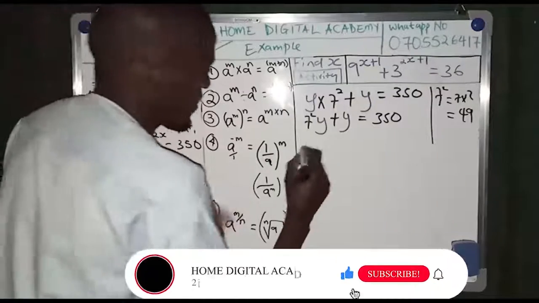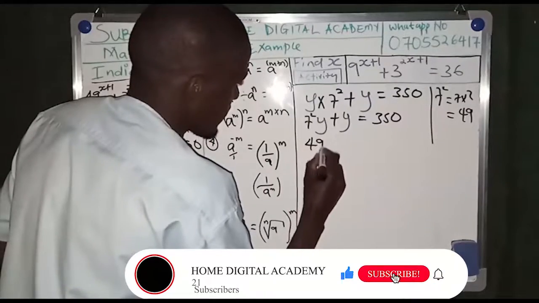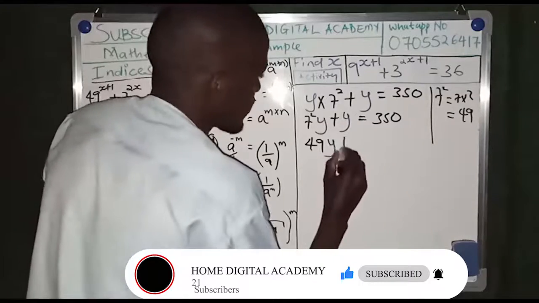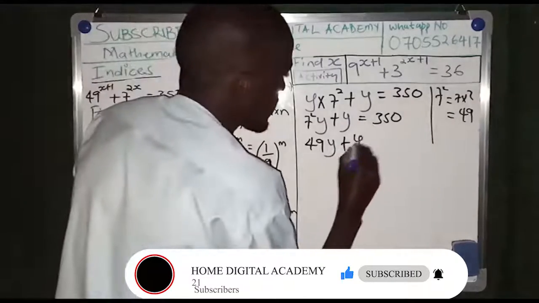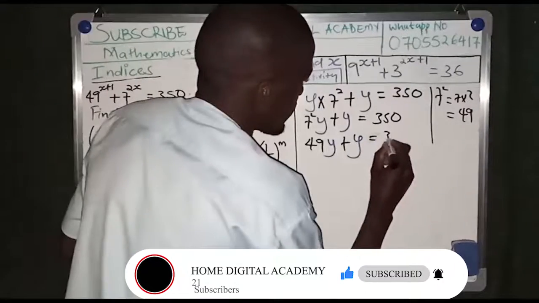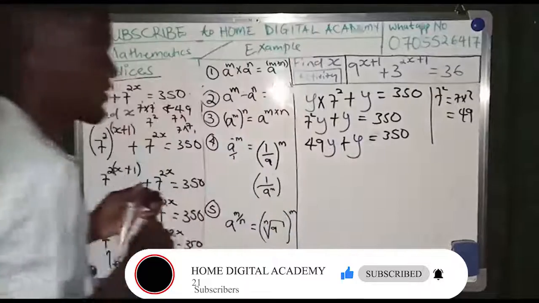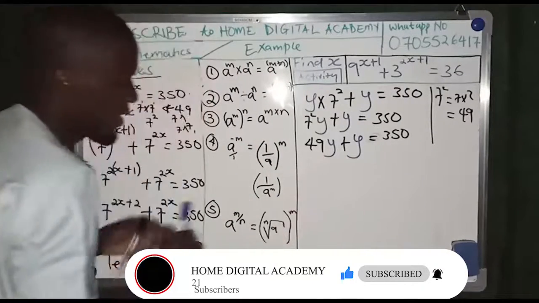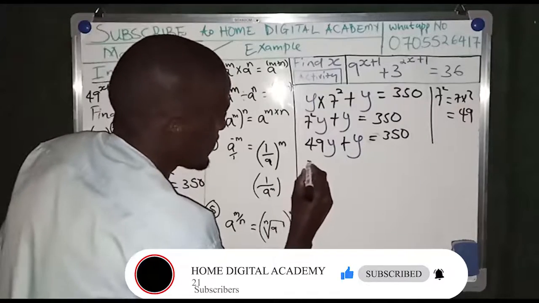So I write 49 here, that is 49y, then I'm adding on a y, equaling 350. Now, y plus 49y gives me 50y.